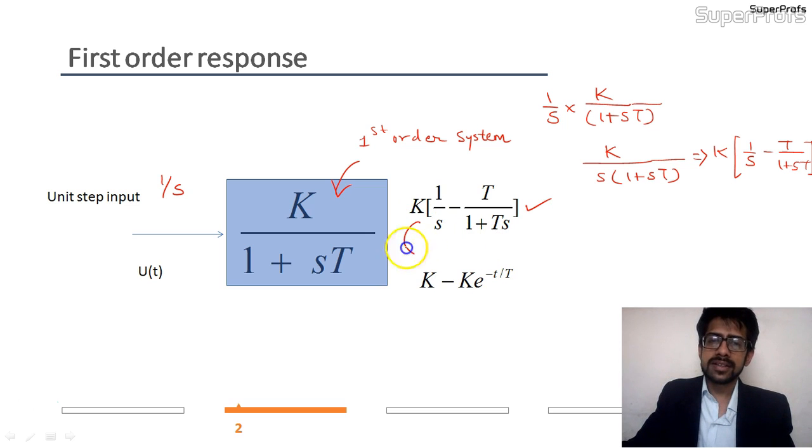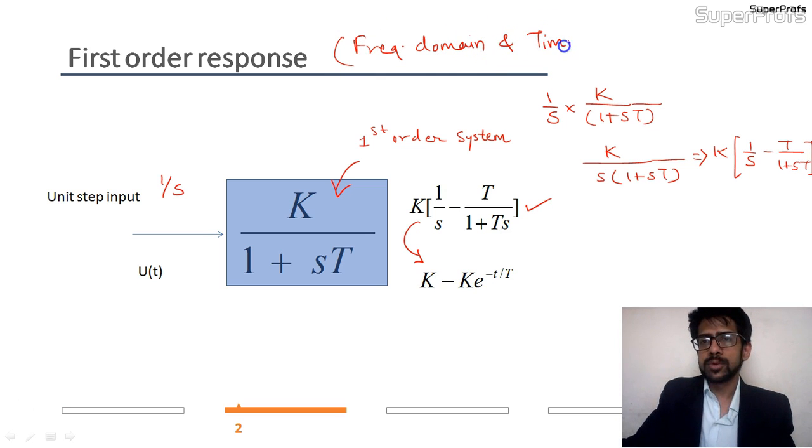Now converting this Laplace transform or frequency domain output into a time domain output, because we are interested in first order response in frequency domain and in time domain both.